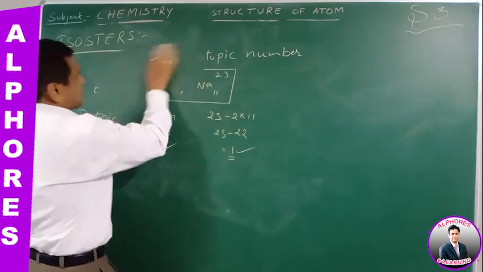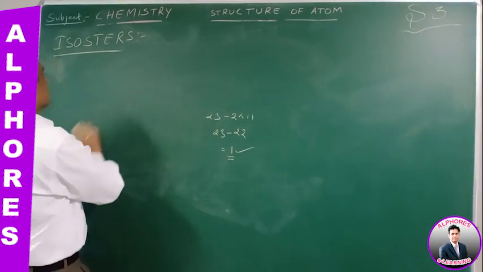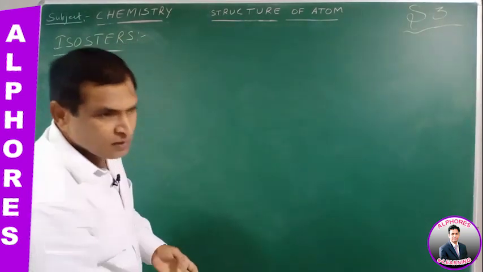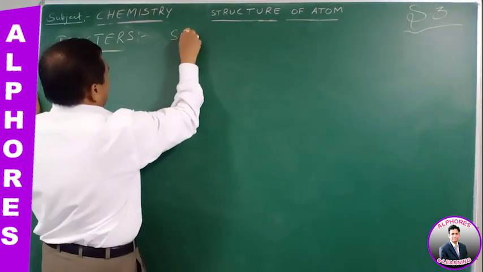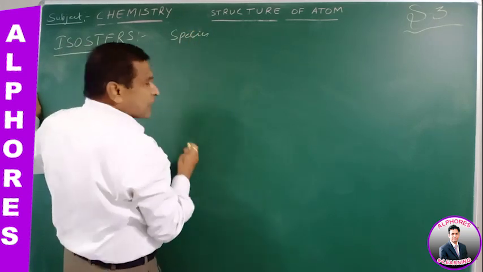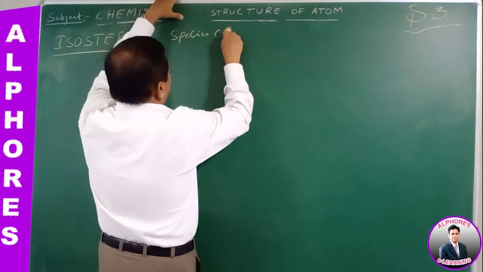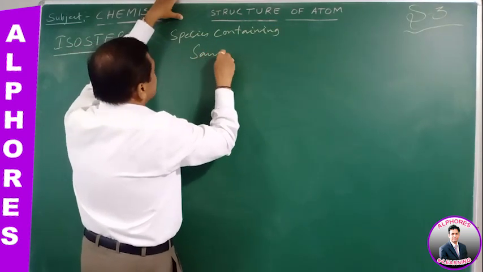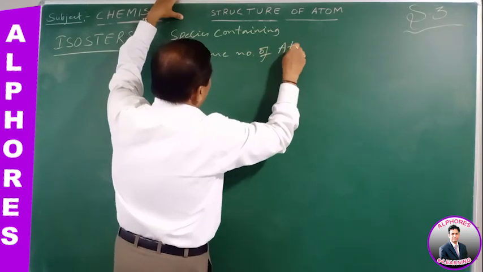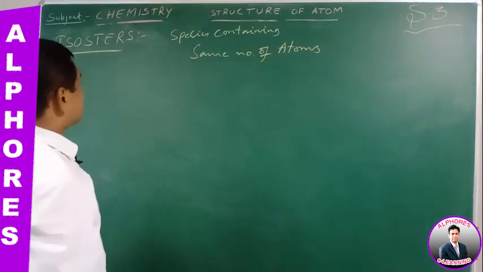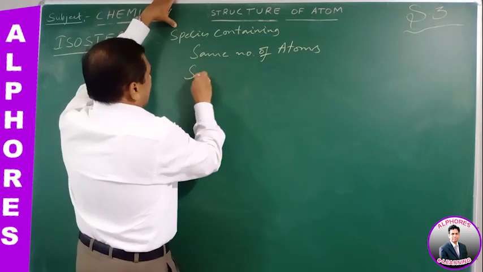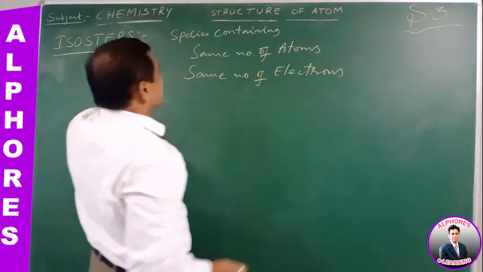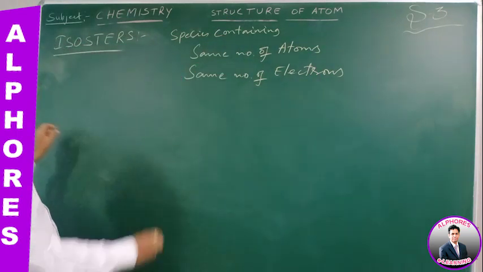The concept of isosters is: the species, or you can say the compounds or molecules, let us use the word species, containing the same number of atoms and the same number of electrons are called isosters.